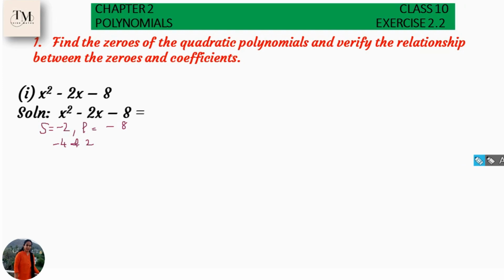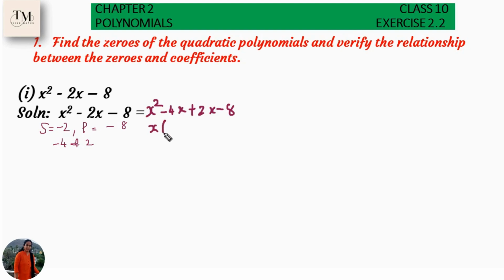So you can write this term as x square minus 4x plus 2x minus 8. Again you can separate this, that is you can take x outside.